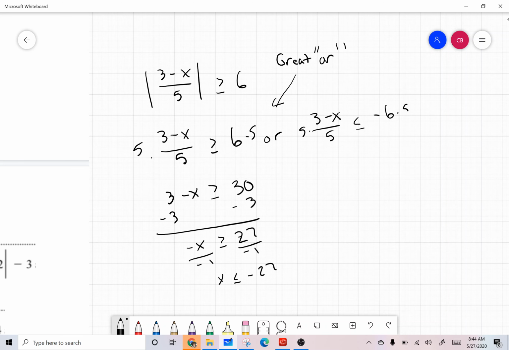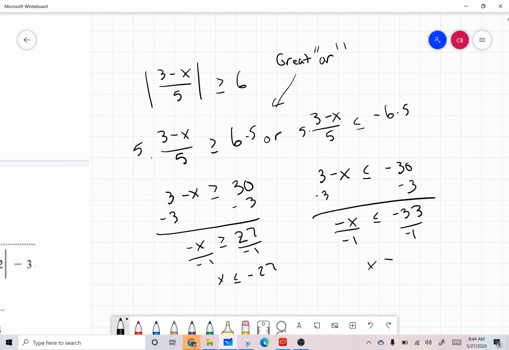Times 5, times 5. 3 minus x is less than or equal to negative 30. Negative x is less than or equal to negative 33. x is greater than or equal to 33.